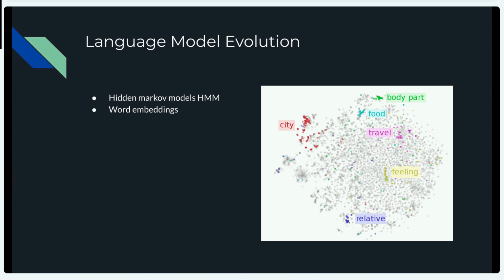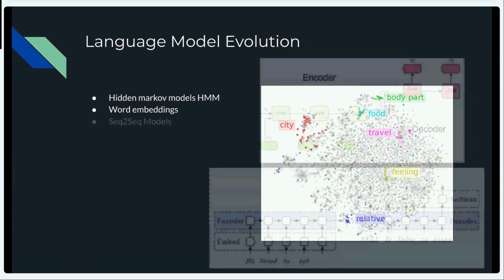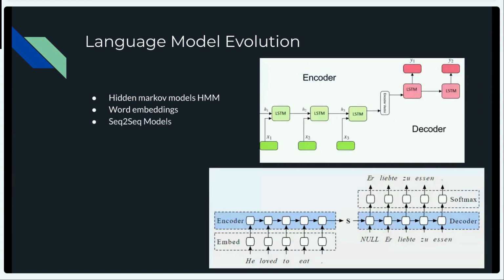And then the next big idea was a sequence to sequence model. And as we talked before, over here you have something like an encoder decoder architecture. Encoder generates a hidden state, which is then consumed by decoder. The big idea over here is that the input size and your output size do not need to be exactly the same.